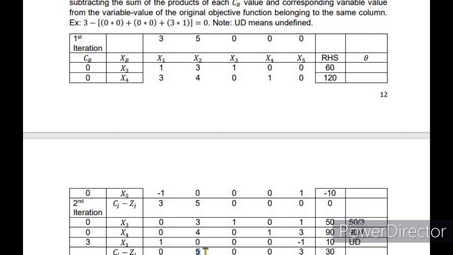That's why this is our denominator for the theta: 3, 4, and 0. So, 50 divided by 3 is equal to 50 over 3. Then, 90 divided by 4 is equal to 90 over 4. Then, 10 divided by 0 is undefined.